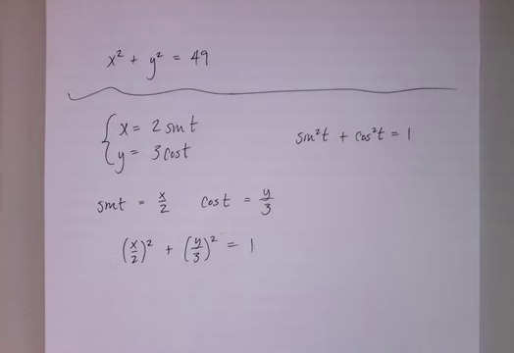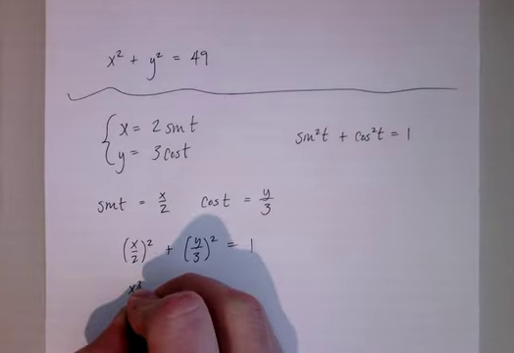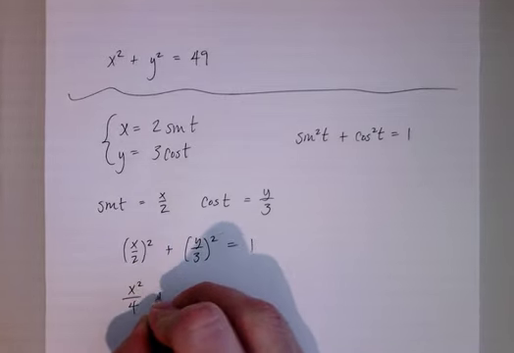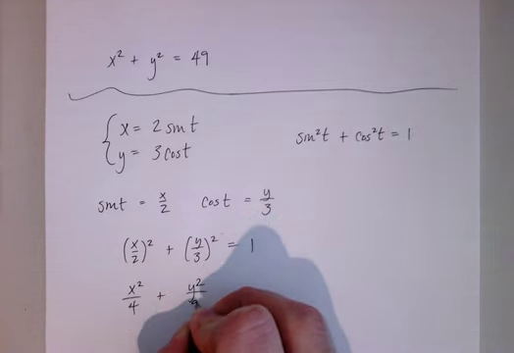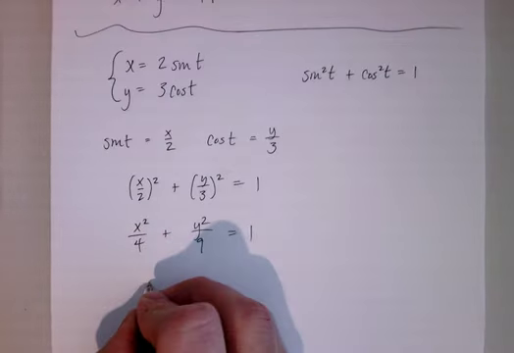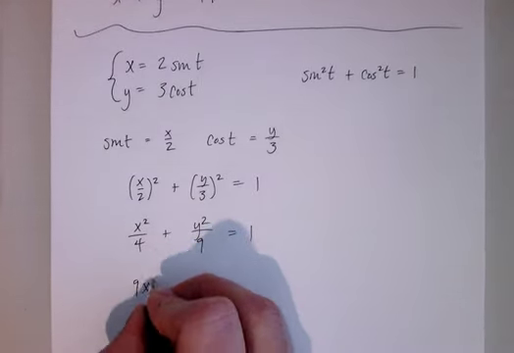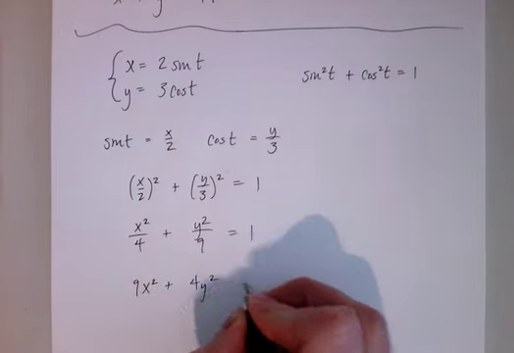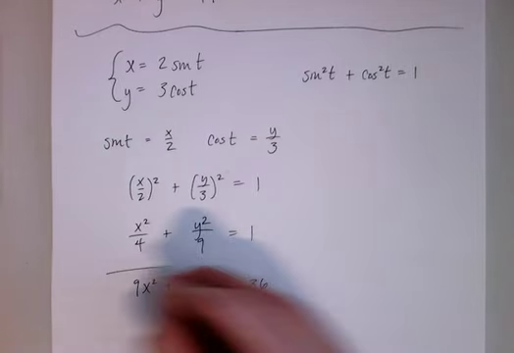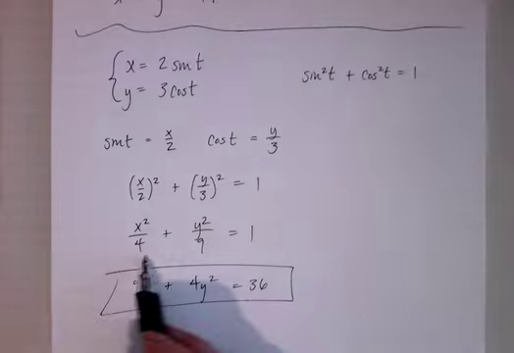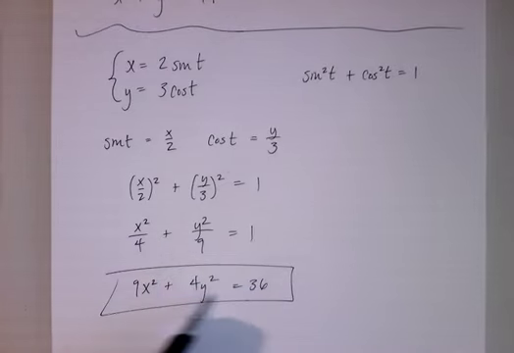Shouldn't it? And that means that x squared over 4 plus y squared over 9 is equal to 1, or 9x squared plus 4y squared is equal to 36. Okay. Now, of course, this shows it as an ellipse. This is it in polynomial form.